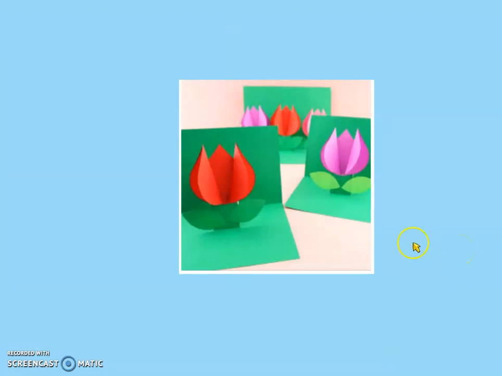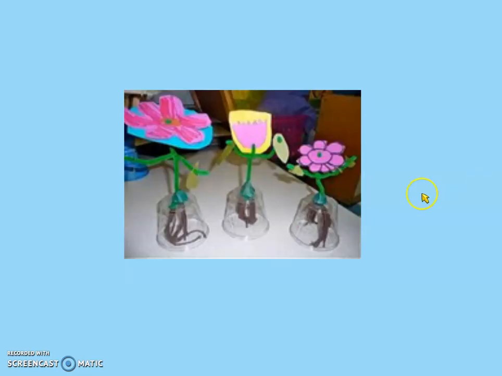Another idea that you could do is something simple like this. So you could colour some pieces of paper and use them to create a stand-up model. Or if you have things like this around your house, this person's used little cups.